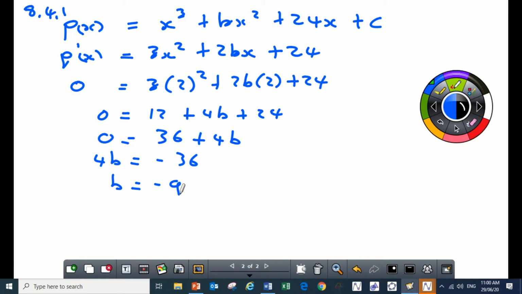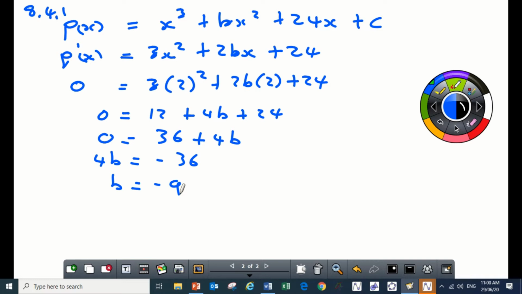Don't try to substitute this b equal to minus 9 into an equation and then work backward. No. Show us how you get the minus 9. Where did it come from? So use the fact that the cubic graph has a turning point on the x-axis. Therefore, the first derivative is equal to 0.